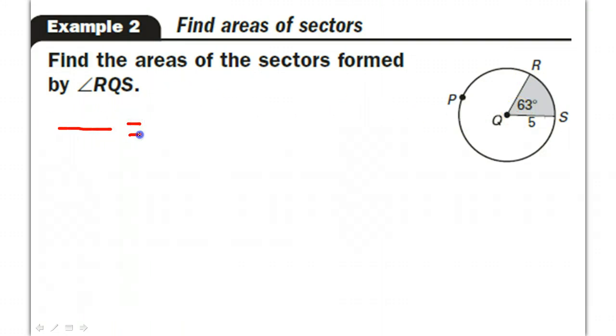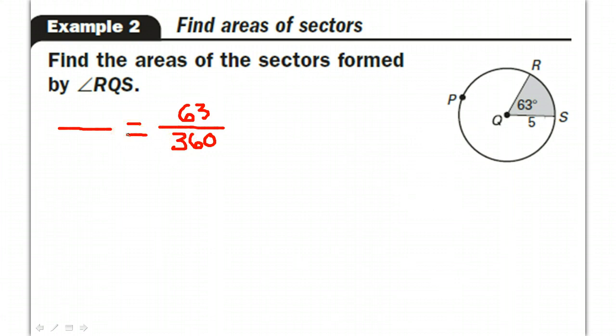Okay, Irvin, what am I going to put on the right side of this equation? What goes in the top? 63. And what goes in the bottom? 360. Okay, so part over whole, 63 over 360.